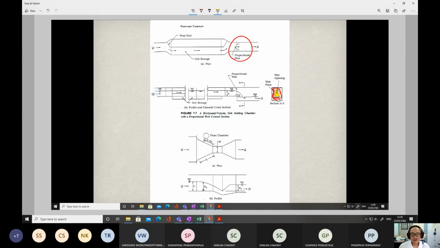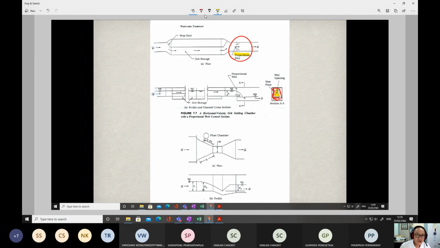We call it proportional weir because if you look at the opening size, it's wide at the bottom and then gets like a bottleneck as the water level becomes higher.